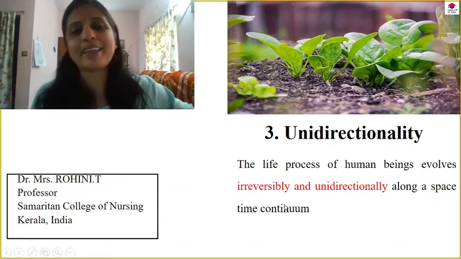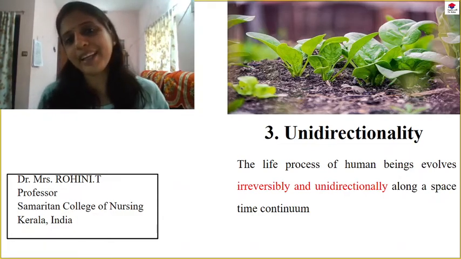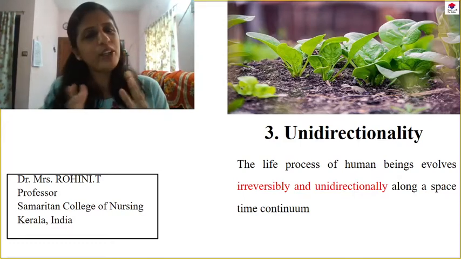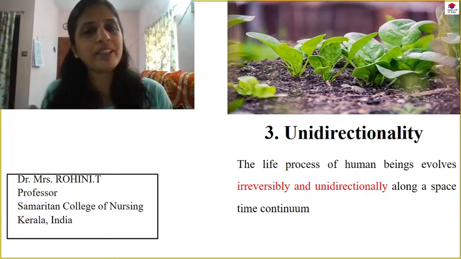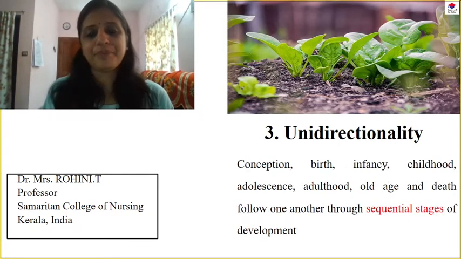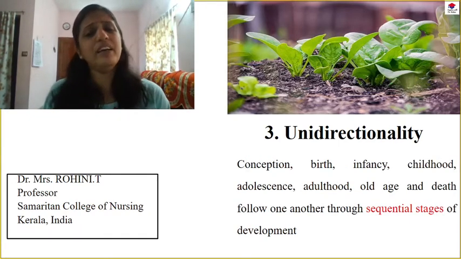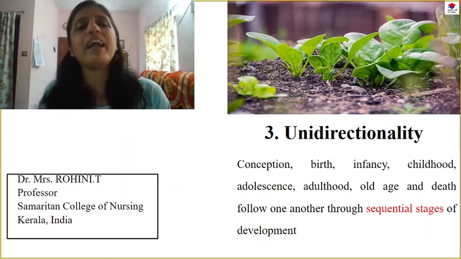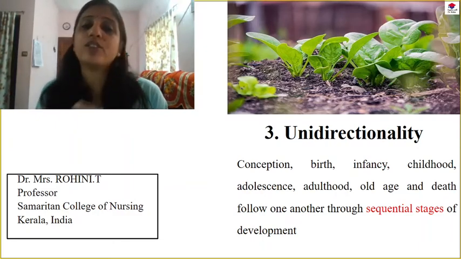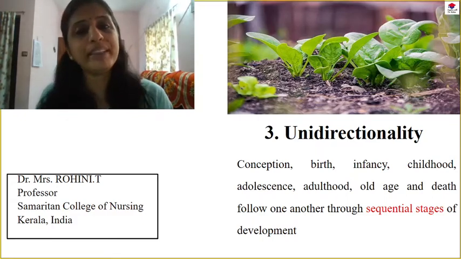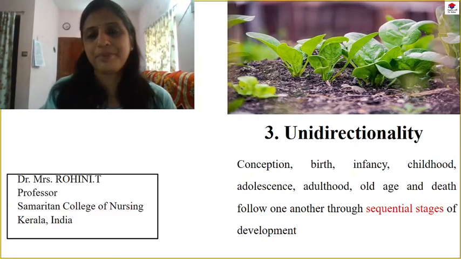I cannot go back to my childhood age, isn't it? It's not possible. So the evolution of a unitary human being is always irreversible and always unidirectional. For example, conception, birth, infancy, till old age, death. There is a sequential stage and it goes in one direction. It is not reversible. So, that is what she believed about human beings, the third assumption.